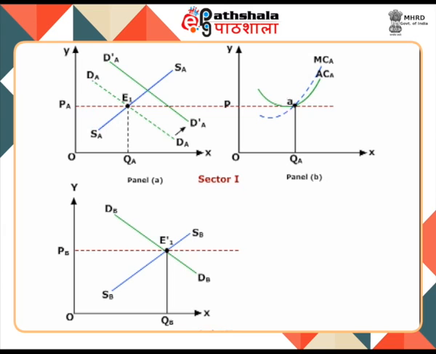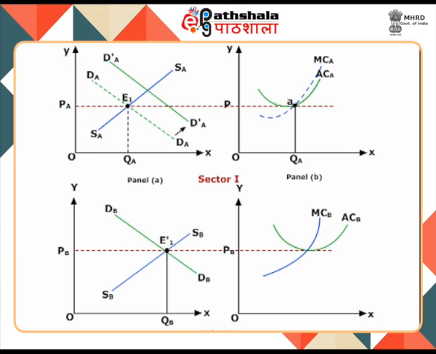Similarly, the initial equilibrium position of commodity market B is illustrated in panel C and panel D. The commodity market B is in equilibrium at price PB, at which demand for B equals its supply.